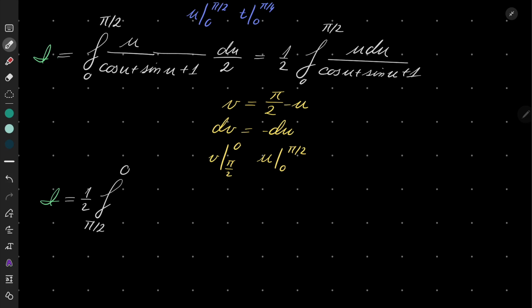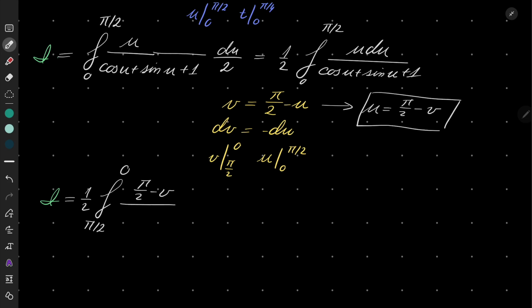Instead of u, we see that u equals pi over 2 minus v, so we have pi over 2 minus v over cosine of (pi over 2 minus v) plus sine of (pi over 2 minus v) plus 1. And instead of du, we have minus dv.